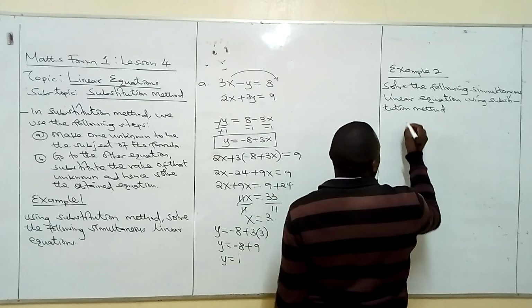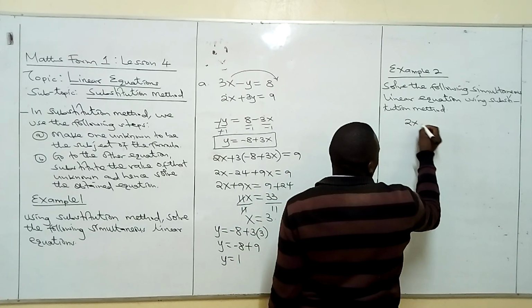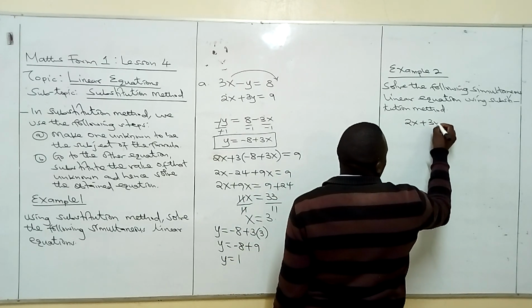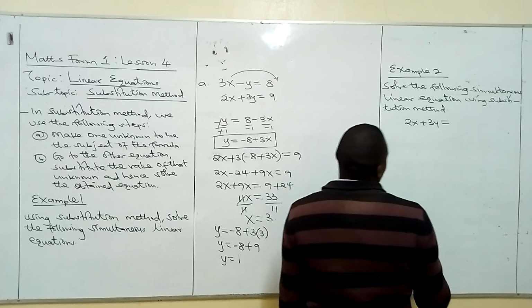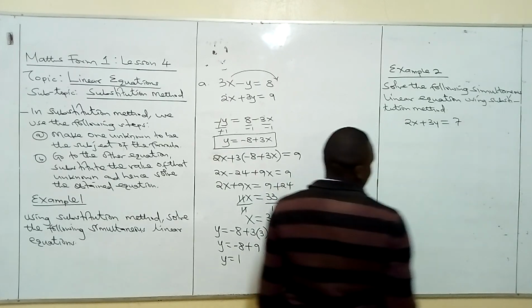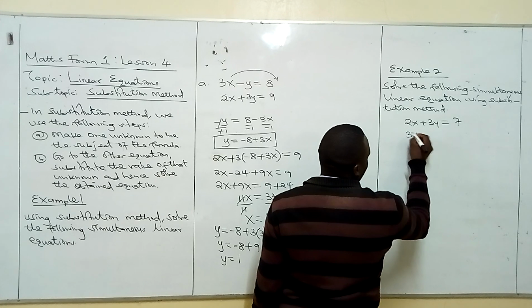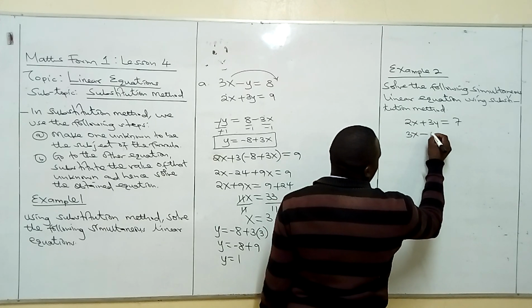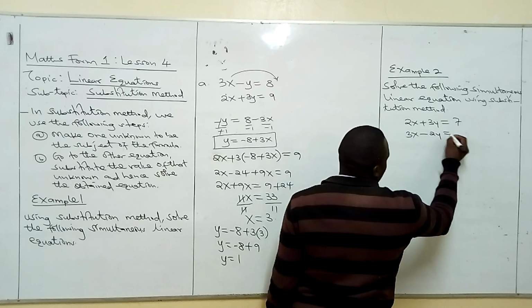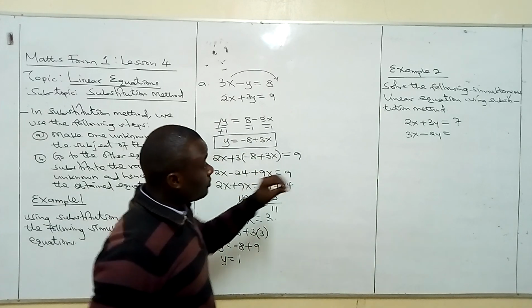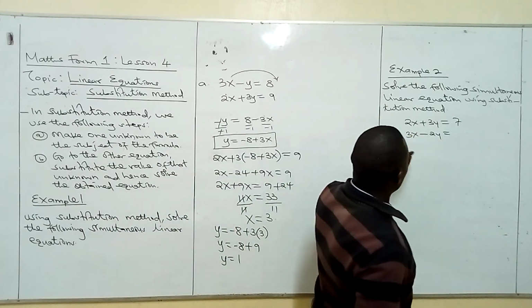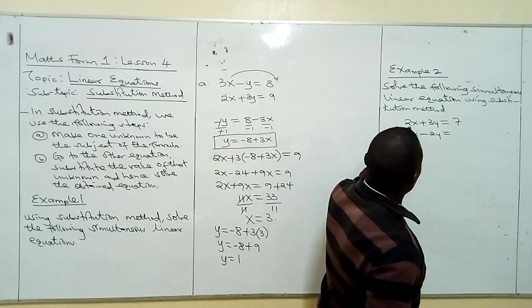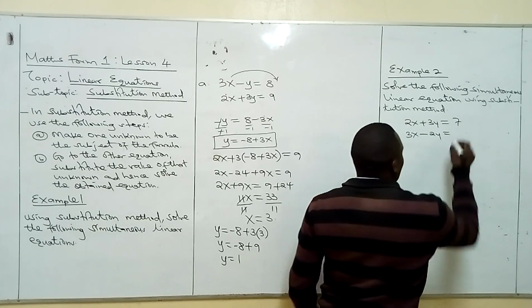So we can think of 2x plus 3y is equal to 7. We can think of 3x minus 2y is equal to 4.